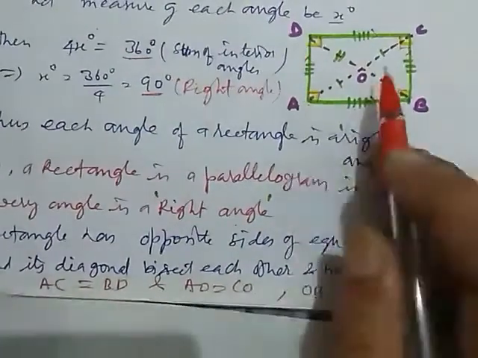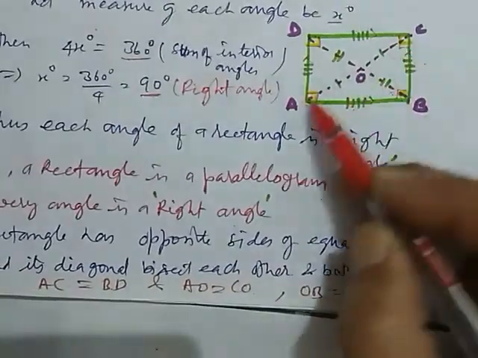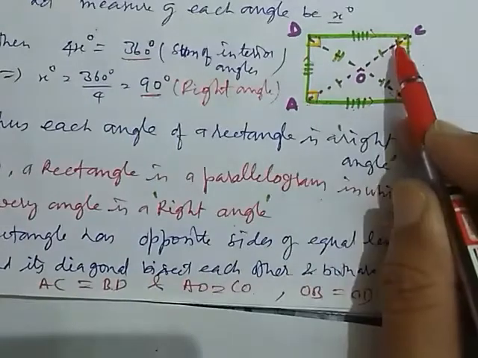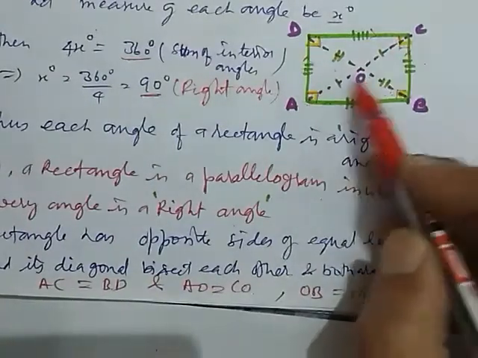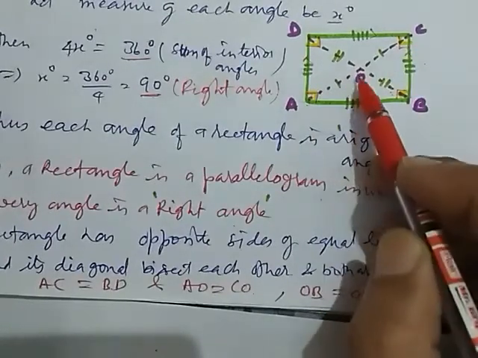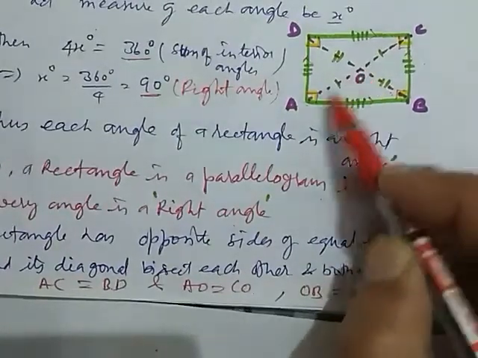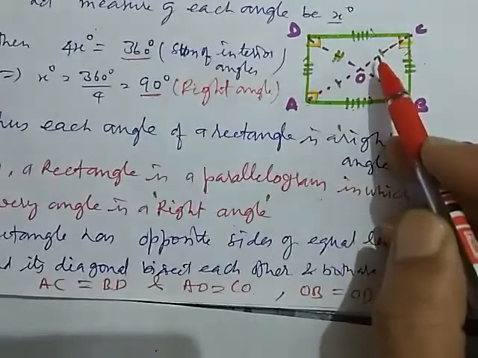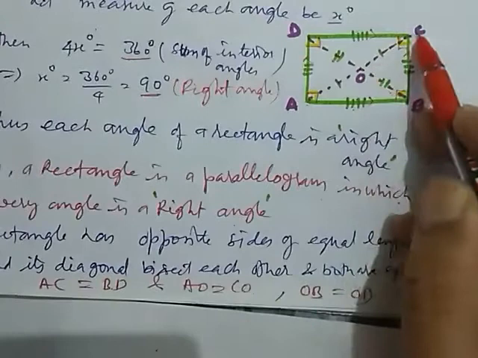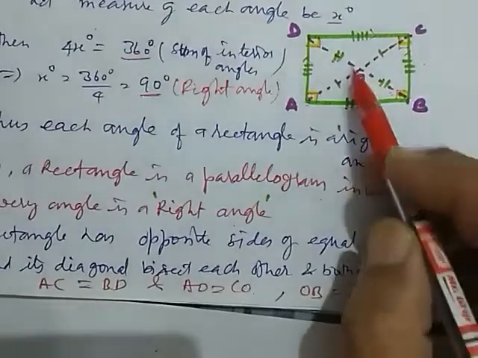Why? We know that in any parallelogram the diagonals bisect each other. Here the rectangle is also a parallelogram, so these diagonals are bisecting each other. Bisecting means the point of intersection divides each of the diagonals into the same length. So OA equals OC, OB equals OD.